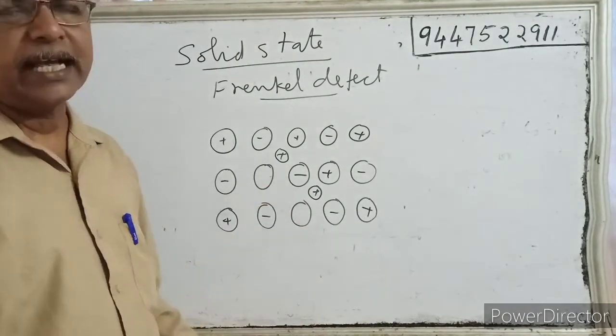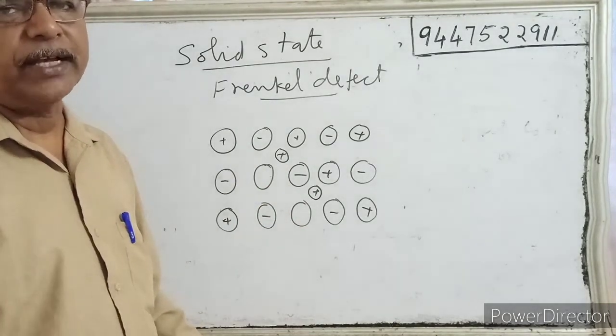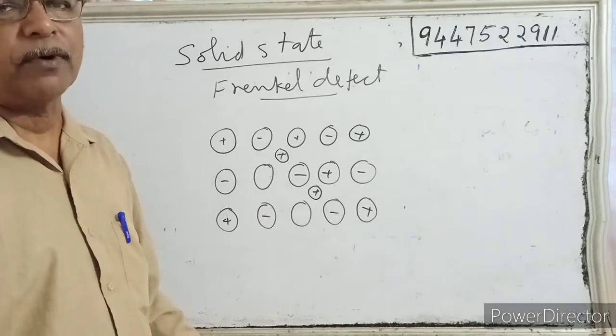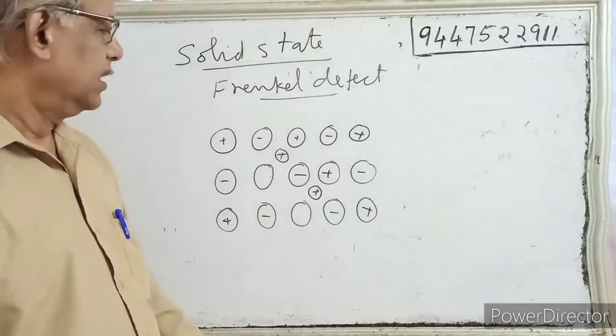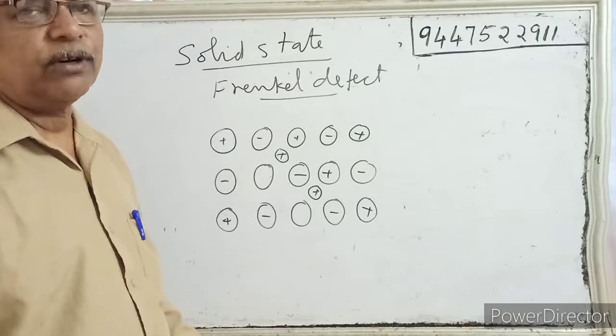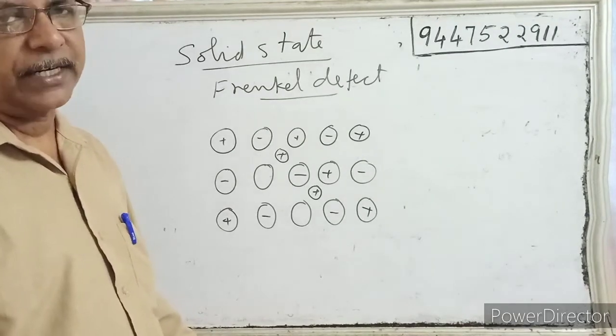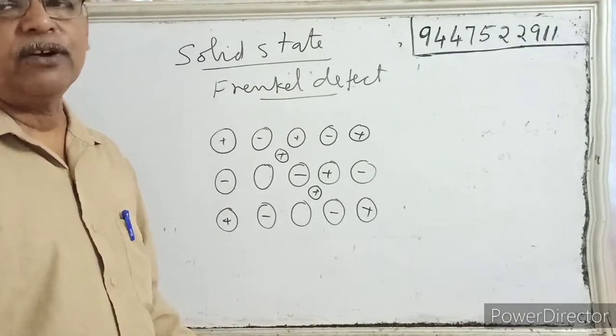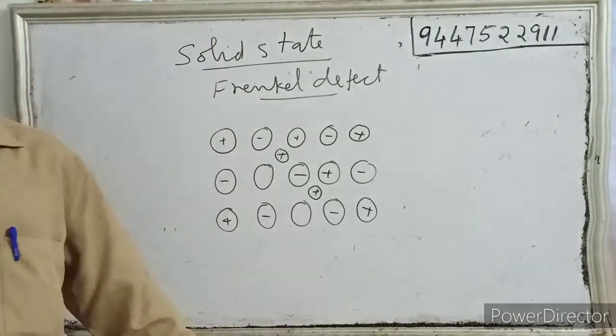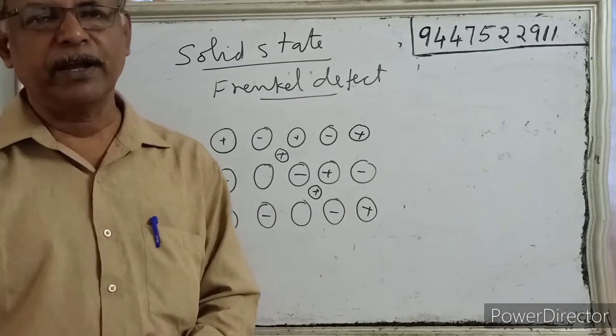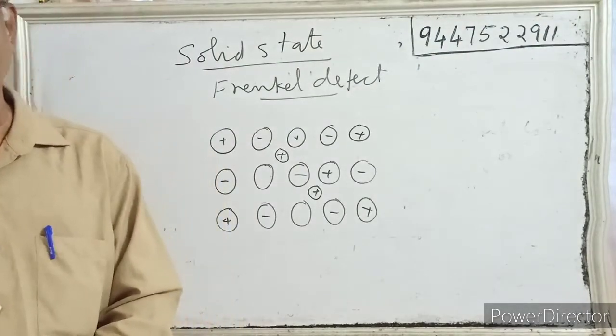Then this defect is exhibited by compounds in which the size of the cation is smaller than that of the anion. If the size of the cation is smaller than the anion, they can exhibit the Frenkel defect. Sodium chloride cannot exhibit Frenkel defect. Why? Because the size of the sodium ions and chloride ions is somewhat similar.